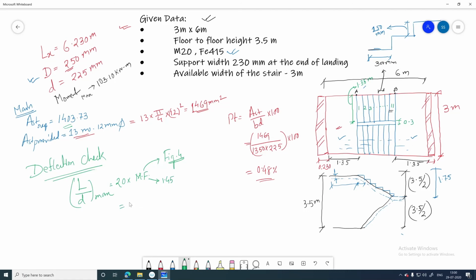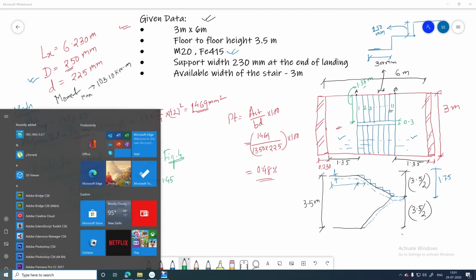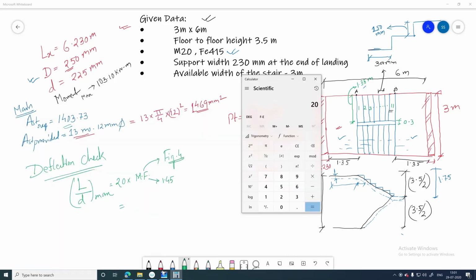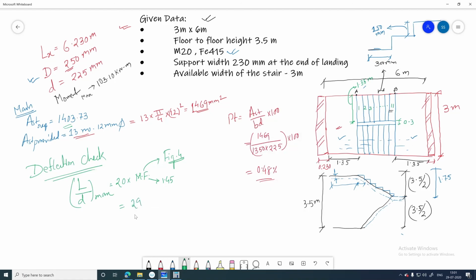So the ultimate L by D max value is 20 into 1.45. Let's calculate: 20 into 1.45, that is 29. So this is the maximum value of L by D. The L by D which is provided by us should be less than this 29.